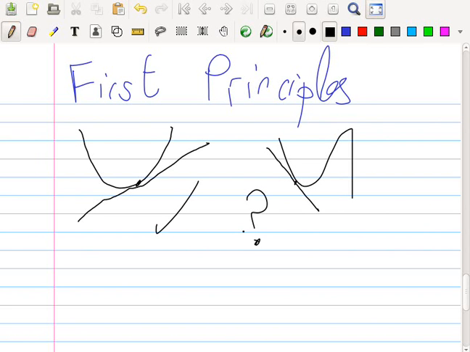No? Well, tell me this. What formula did you use to help you find the tangent line in the quadratic? Discriminant. And does discriminant work for cubic? No, it's only for quadratic. So we need a new way, a new technique to find slope of tangent lines that works for every graph. And that's what we're going to look at now.